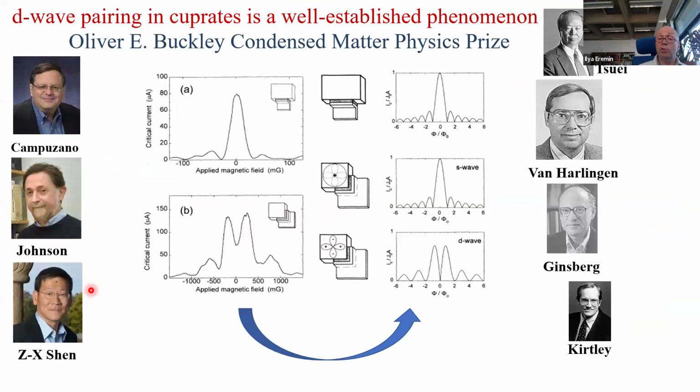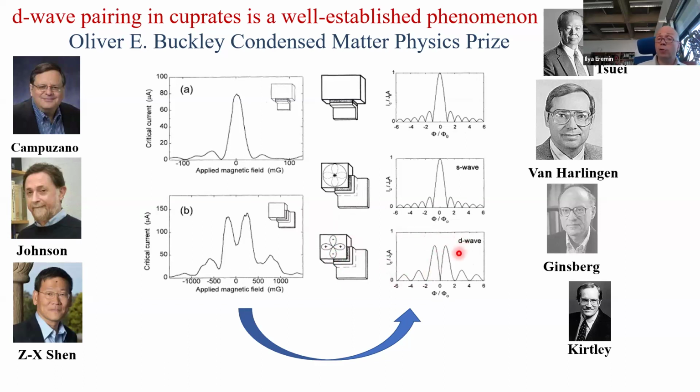You can also do a Josephson experiment, and in this case, you take advantage of the fact that your superconducting gap has different signs, and we can also write the superconducting gap function in real space. Then you can construct your junction in such a way that it will connect, for example, an s-wave and a d-wave superconductor put in contact with each other, and you expect a very different behavior of the critical current.